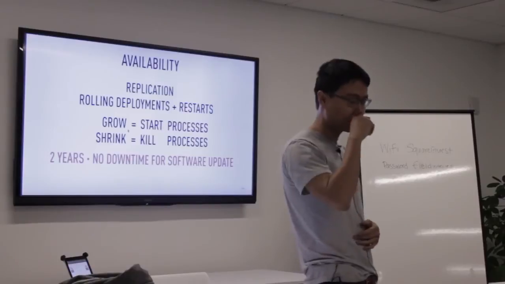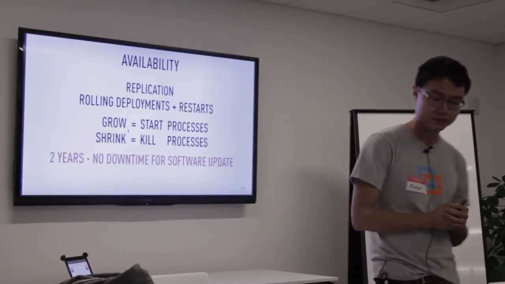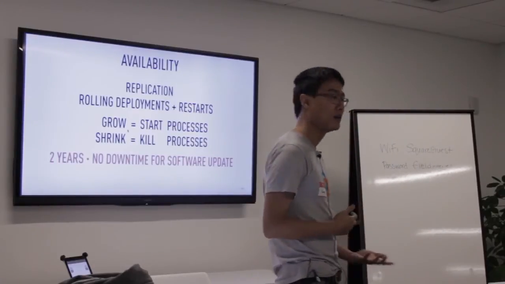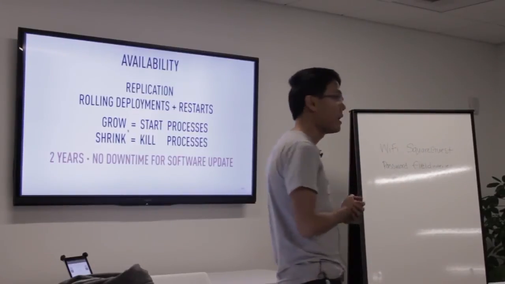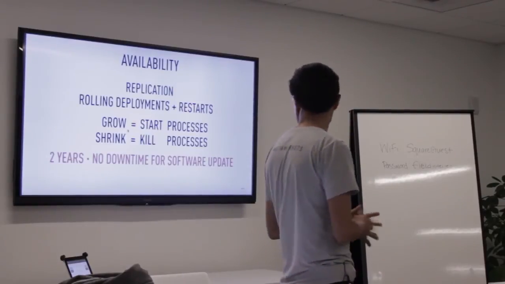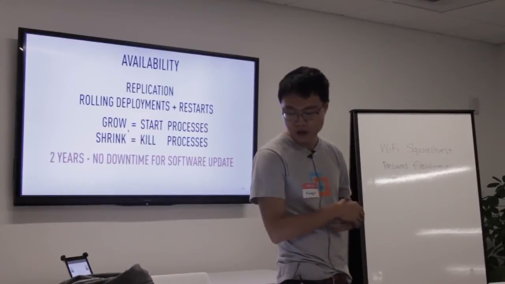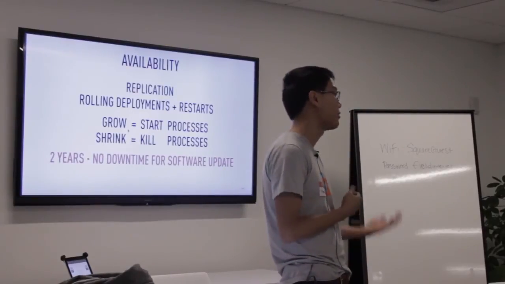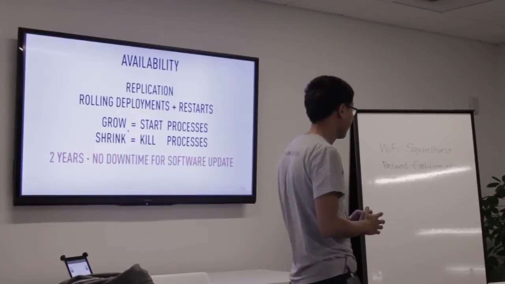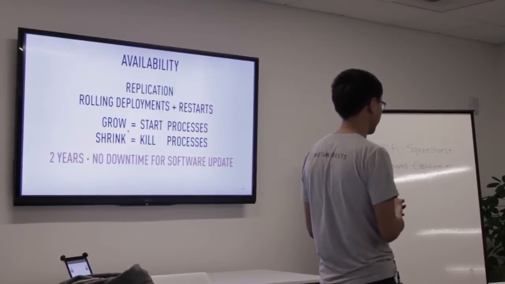Druid is designed to run on commodity hardware. So starting up a Druid node is just a matter of starting up a Java process. And terminating a Druid node is just stopping a Java process. So for about 2 years now, we've taken no downtime to do any software updates to Druid. Is that because most of your Druid clusters are okay with multiple versions running at the same time?